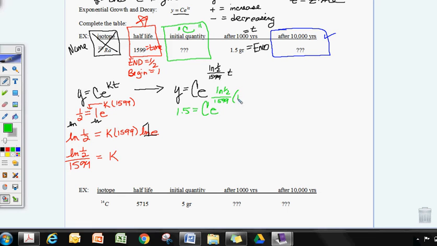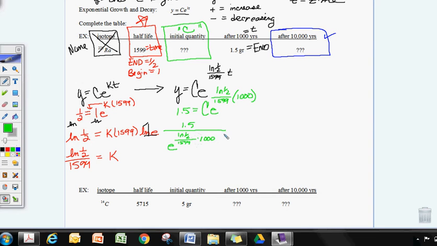And then my time was 1,000 years. I can now figure this out by doing a little math. I need to get the C by itself, so I'm going to divide by all of this e stuff. I get 1.5 divided by e raised to the natural log of 1/2 divided by 1599 times 1,000.